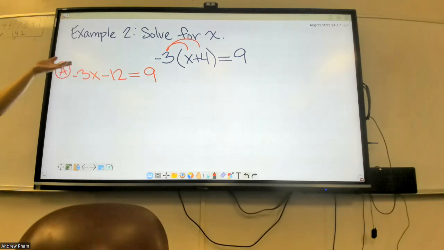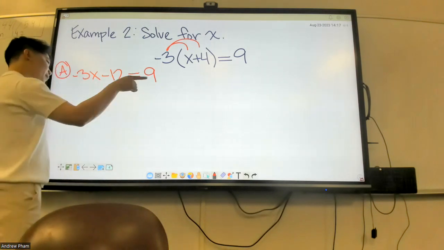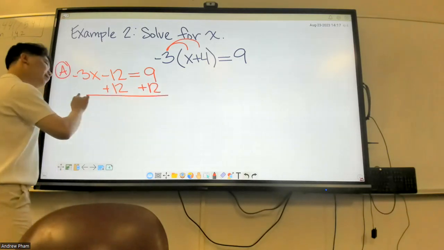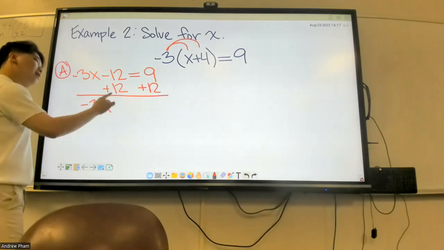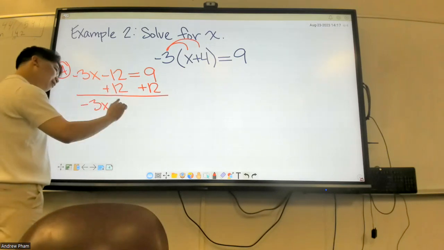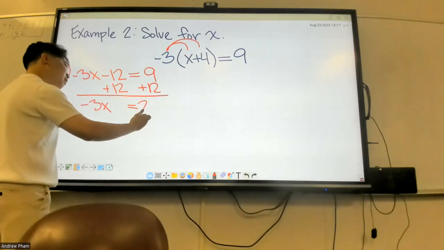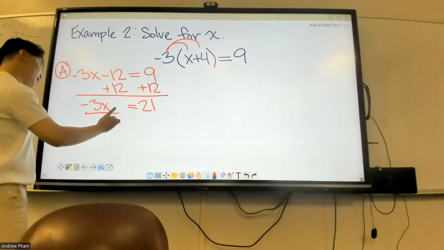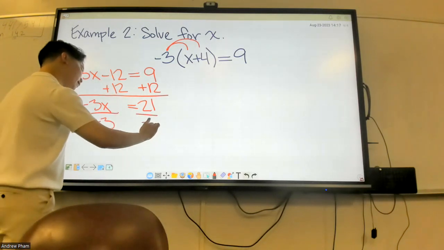Now all I have to do is solve for x. Someone walk me through what would y'all do? Add 12, giving me negative 3x. Negative 12 plus 12, I get 0, equal to 9 plus 12, I get 21. Yes.